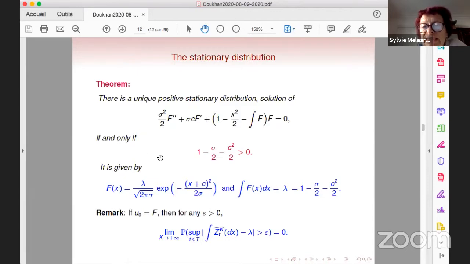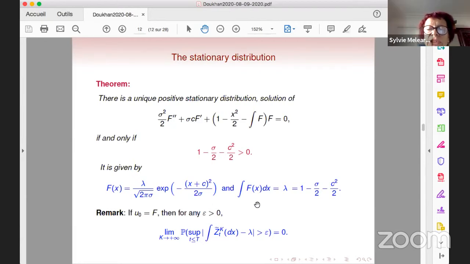And in fact, in this specific case, it's very simple. We can compute it by hand easily. And it's a normal law. It's a Gaussian distribution, except that it's weighted, but not by one, but by a parameter lambda, which is exactly this parameter.